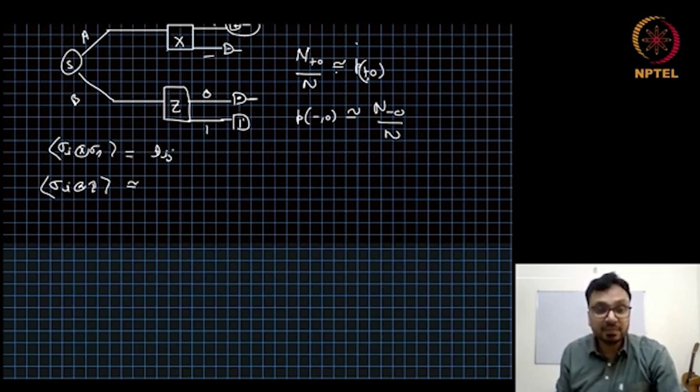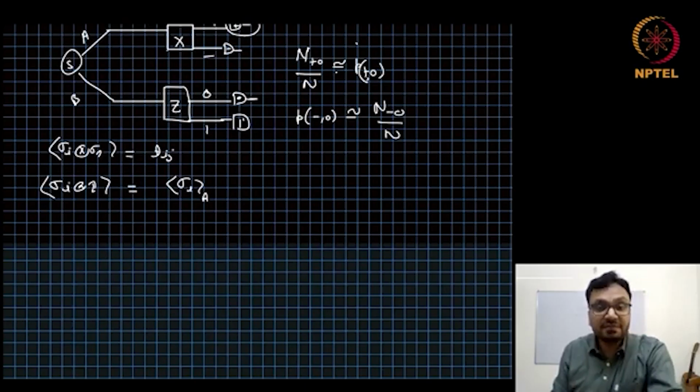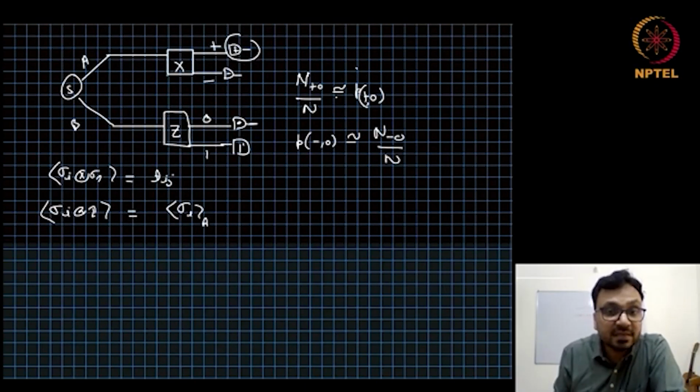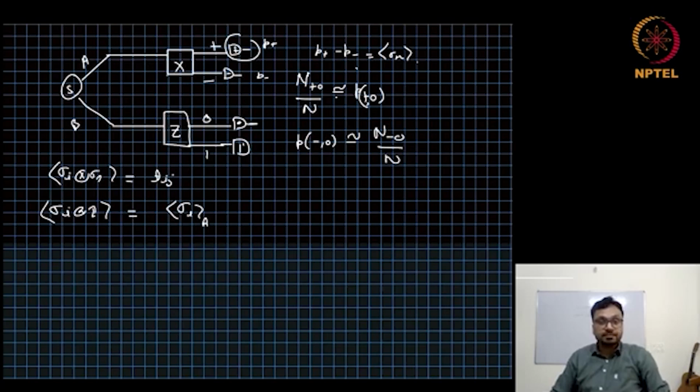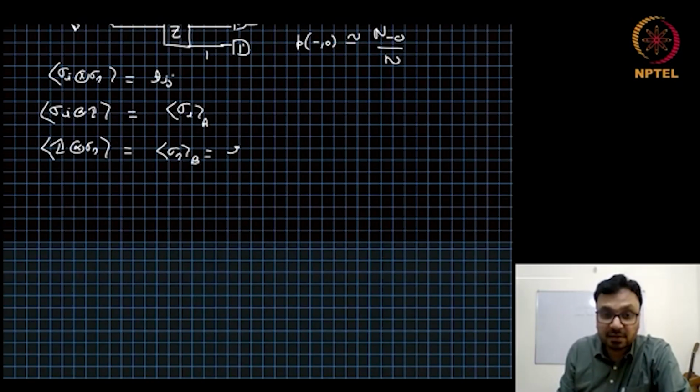This is nothing but doing nothing, literally doing nothing, on the qubit B and performing measurement of sigma i on qubit A. So subsystem A does not care what is happening in subsystem B and calculates the probability of P plus and P minus, and P plus minus P minus will be the expectation value of sigma x for subsystem A. Similarly, doing nothing on subsystem A and performing measurement of sigma j on subsystem B will give us the expectation value of sigma j on B, that will give us the Sj, that was Ri.